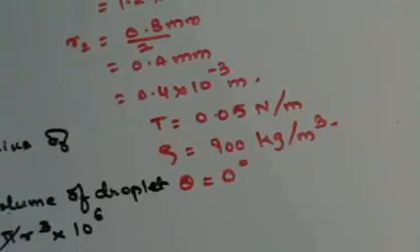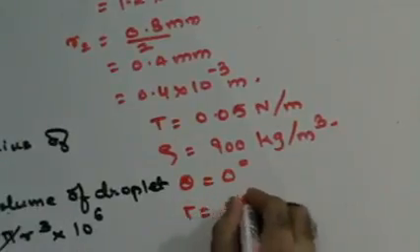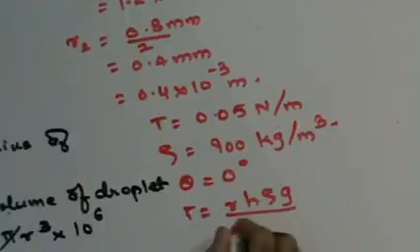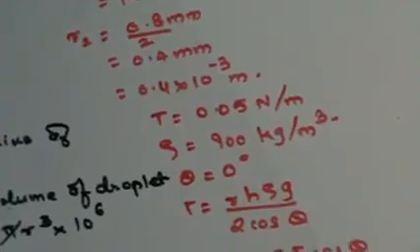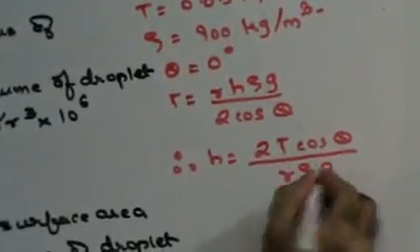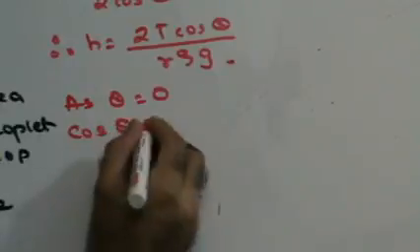Now, we know that surface tension is equal to r h rho g upon 2 cos theta. Therefore, I can say that h is equal to 2T cos theta upon r rho g. That will be the height. Now, since theta is equal to 0 degree, cos of 0 is 1.